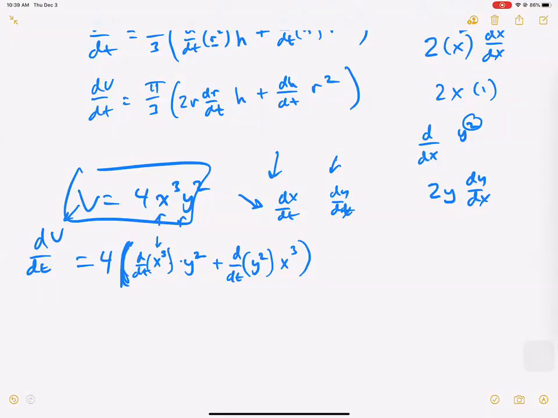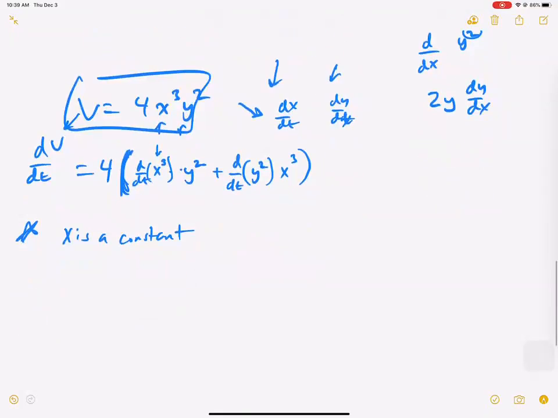Now, what if I give you some caveats here? What if I say x is a constant? Would this problem become easier? Let's say this again. If x is a constant, v equals 4x cubed y squared. Hey buddy, you're a constant now. Would this problem get any easier? Yes.